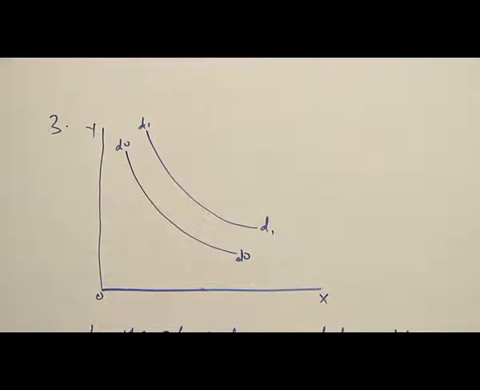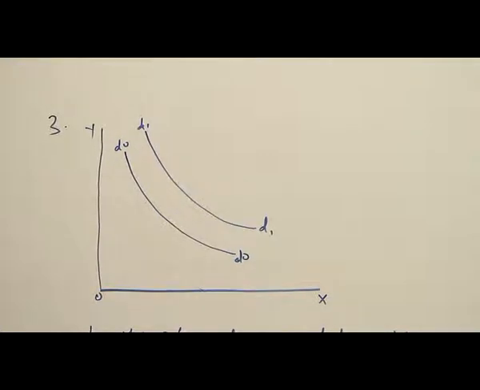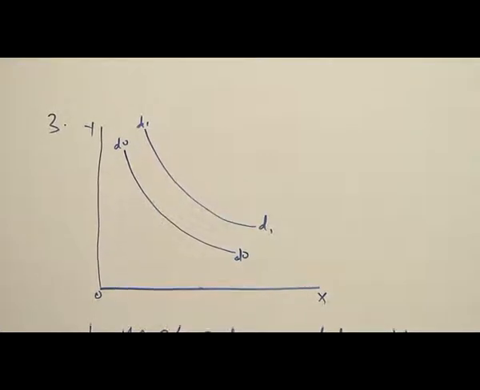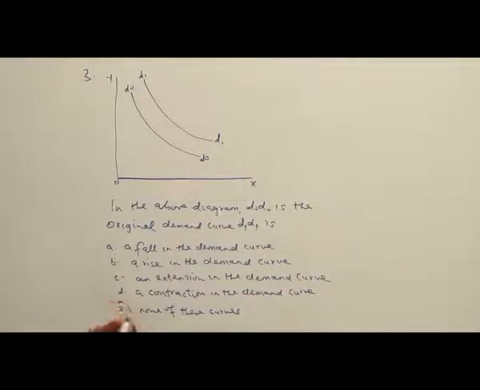Looking at the curve very well, the demand curve shifts to the right, and this is an indication of a shift in demand, or change in demand. Therefore, the right answer is letter E, none of these curves.